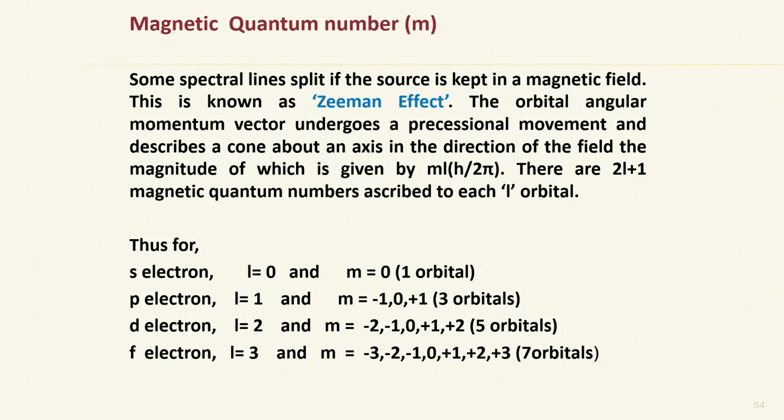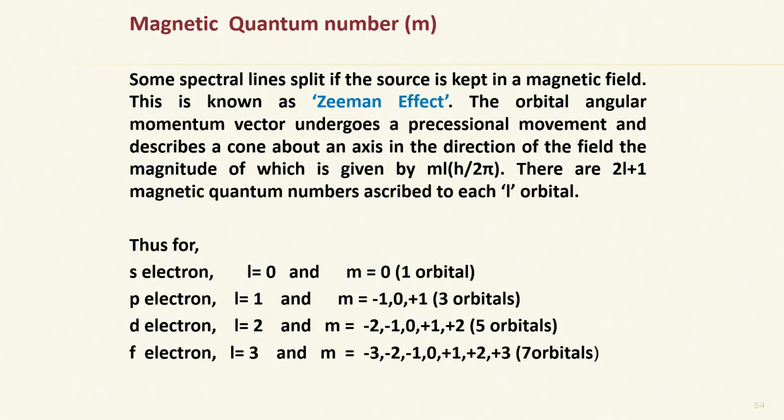So, for p electron, l is equal to 1 and 2 l plus 1 means there will be minus 1, 0 and plus 1, and why minus 1 means it is only a positional effect. So, with respect to particular measurement axis, so if it is below minus 1, if it is above plus 1, and if it is on the same place it is 0.